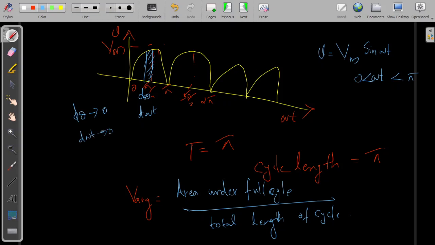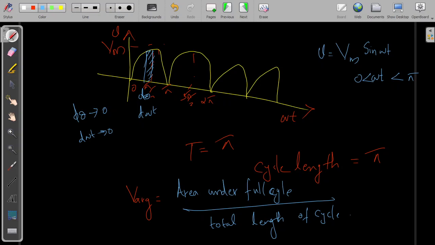That means the width of this rectangle is reducing and tending to 0, so it becomes a vertical line.